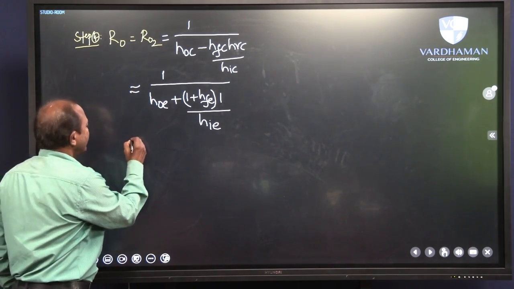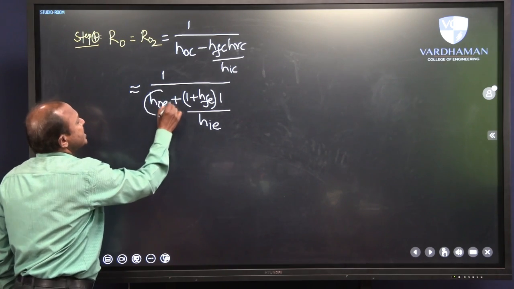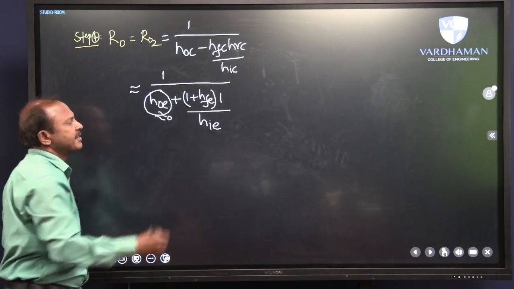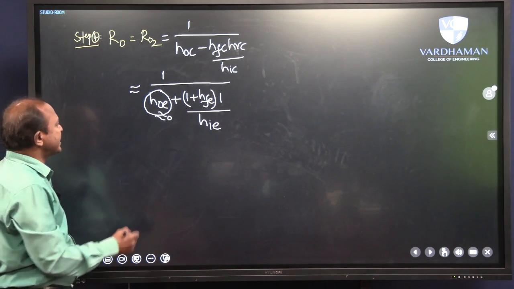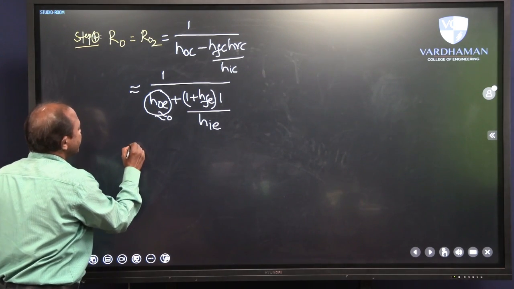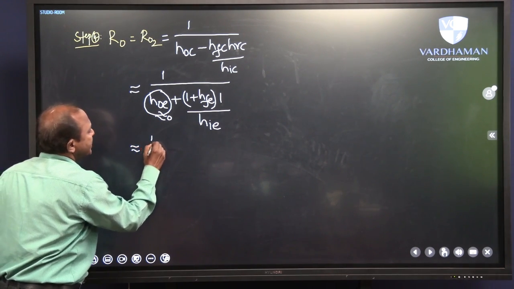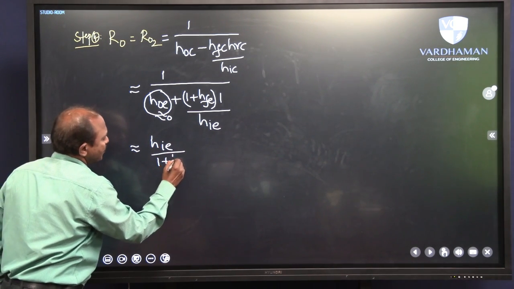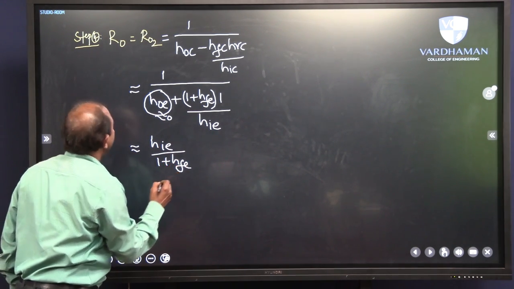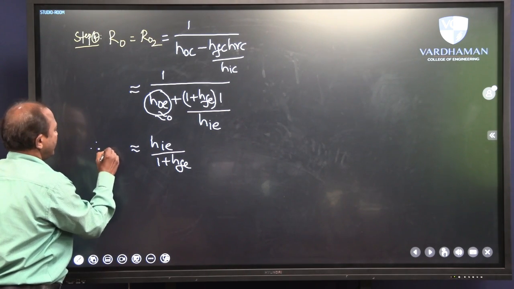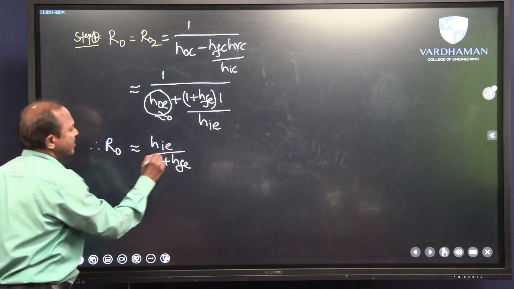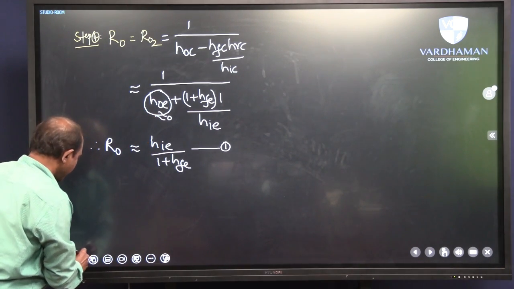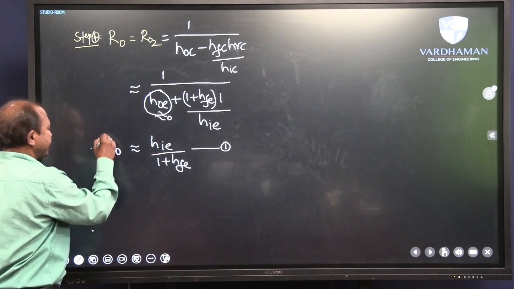Then we know HOE is close to 0, very small when compared with (1 plus HFE) by HIE value. As a result of that, this equation can be approximated to HIE by 1 plus HFE. This is the formula for overall output resistance in Darlington pair amplifier.